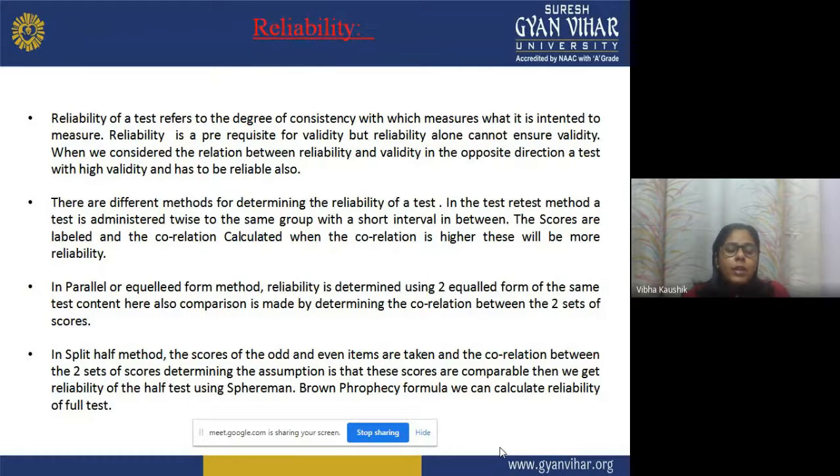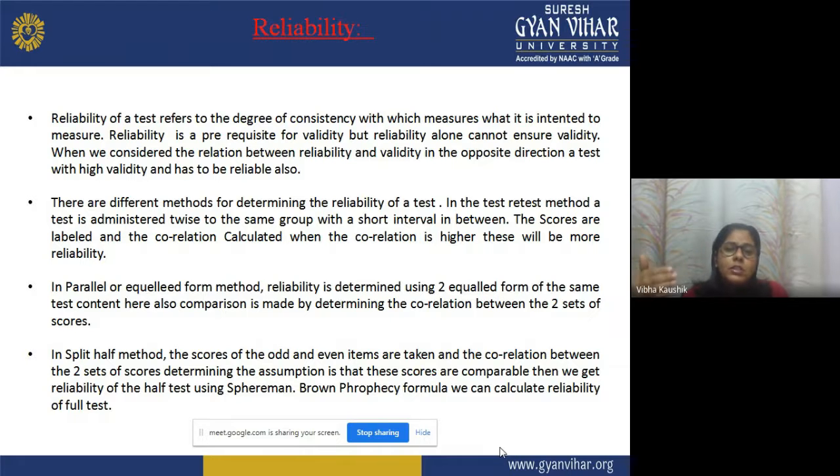And the split-half method. This is again a method of measuring reliability. In this method, the test items will be divided into odd and even, that is, the whole test will be divided into two parts. The scores of the odd and even items are taken.